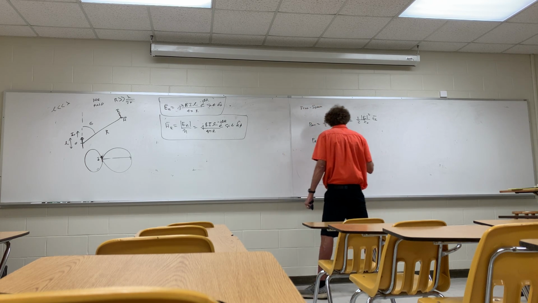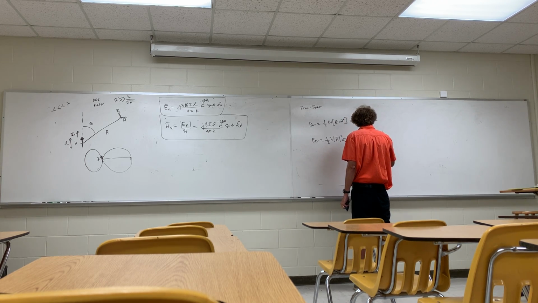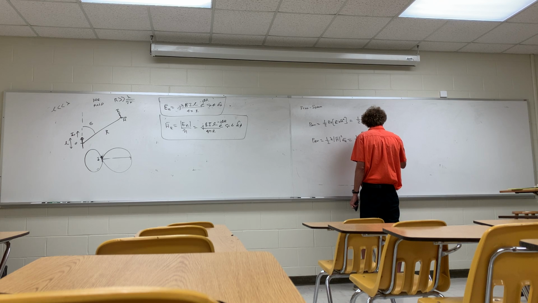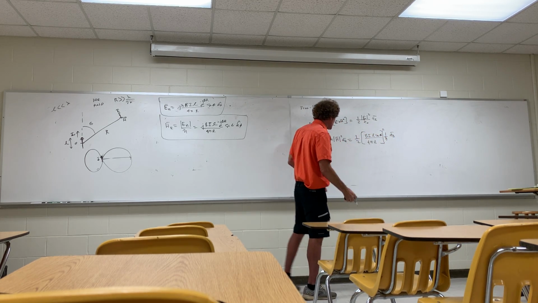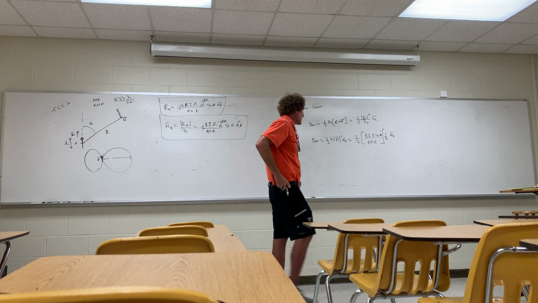So I have beta I L sine of theta over 4 pi R. All that has to be squared, and then I divide by eta in the a R direction. I'm literally taking the magnitude of the E field and sticking it in there, and I'm going to square it next.